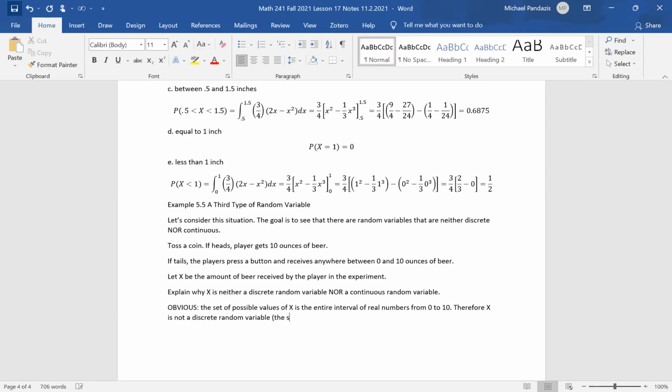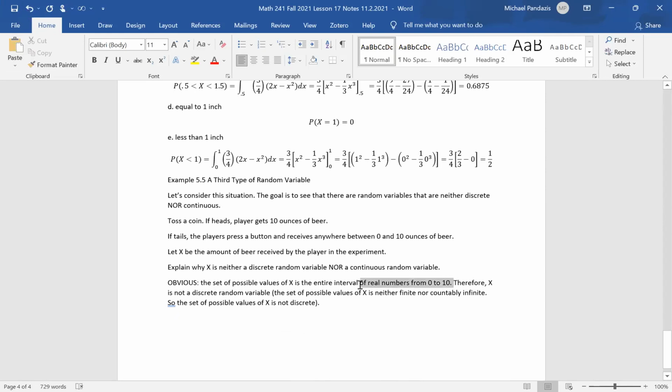The set of possible values of X is neither finite nor countably infinite, so it cannot be discrete because its values are all the real numbers from 0 to 10. I'll call this the obvious observation.